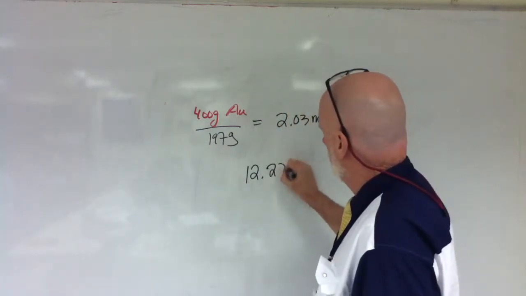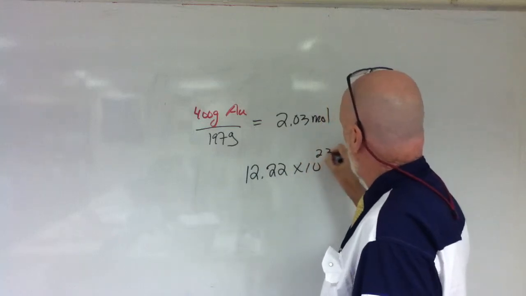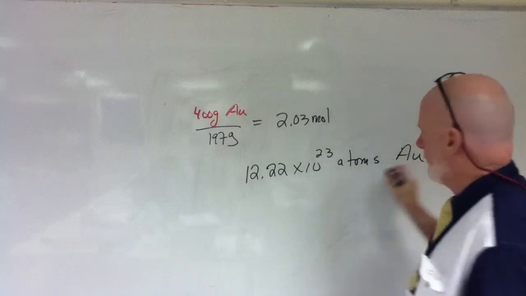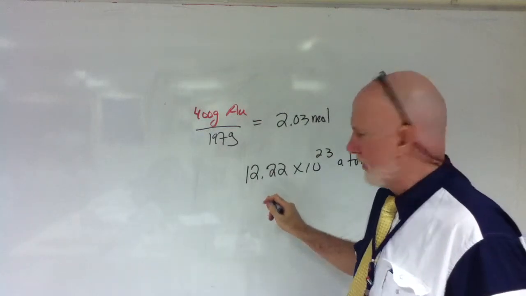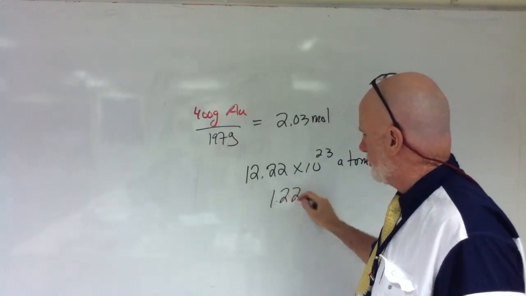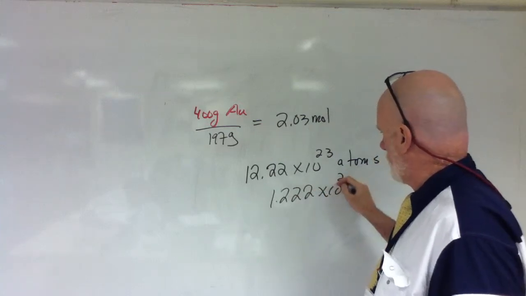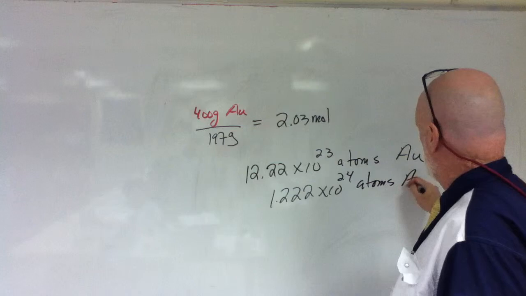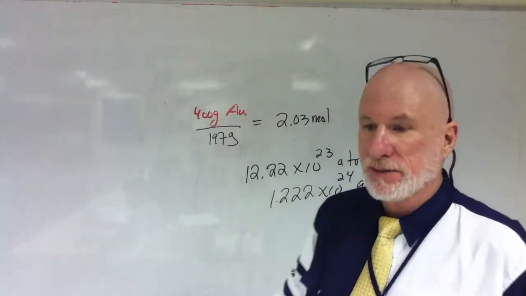So 12.22 times 10 to the 23rd atoms of gold, or if you want to go completely crazy, you could say 1.222 times 10 to the 24th atoms of gold. Yes? Questions about that?